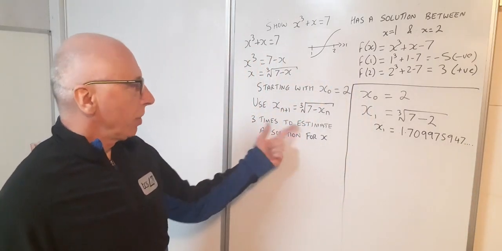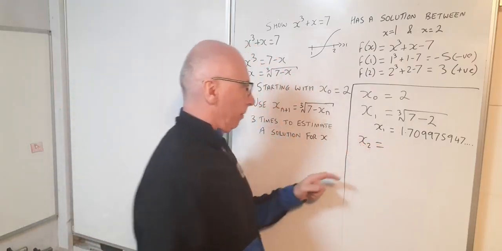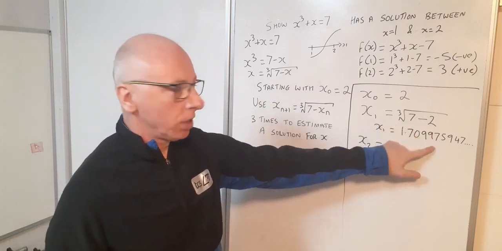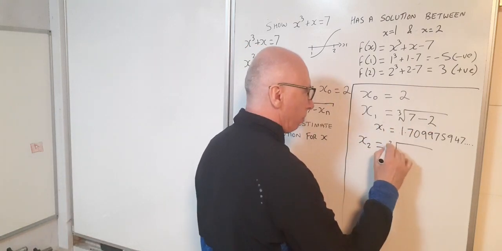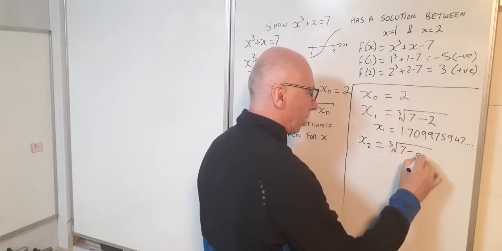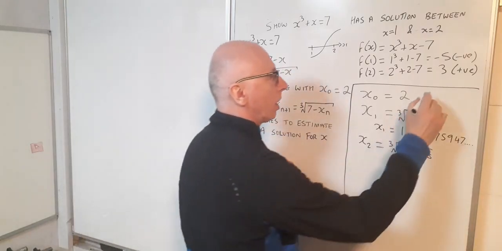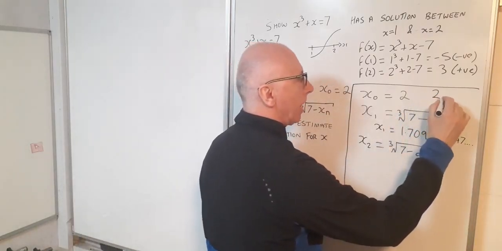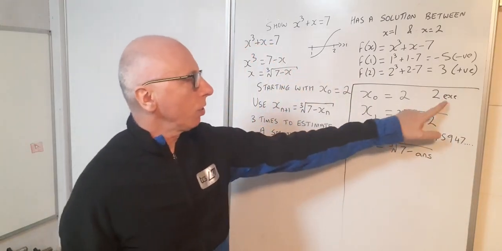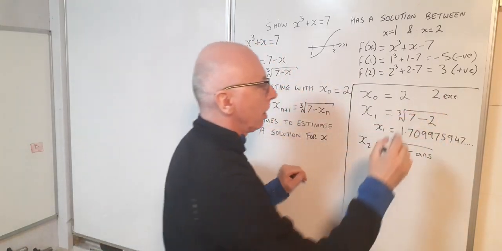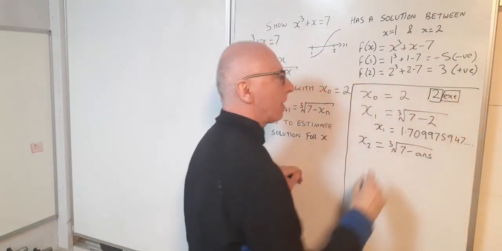So that takes care of that. So now we've got to do this 3 times. Let's go for x2. So instead of writing out each result, what you want to type in your calculator is cube root of 7 minus the answer. And first of all, type 2 and then press EXE on your calculator, and that will set the answer to 2 straight off. So press 2 on your calculator, then EXE, that will set answer as 2.